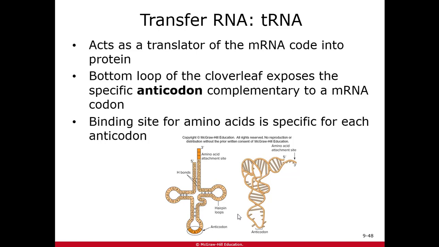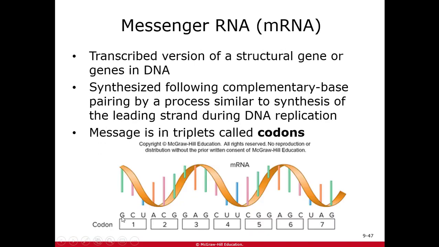Now, how it can read it and bring in the correct one: at the very bottom of transfer RNA, there is a three-letter sequence called an anticodon. It can read the codons, like GCU, and it recognizes those three letters because it has the counterpart to it.